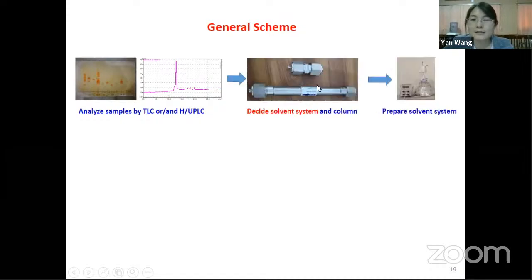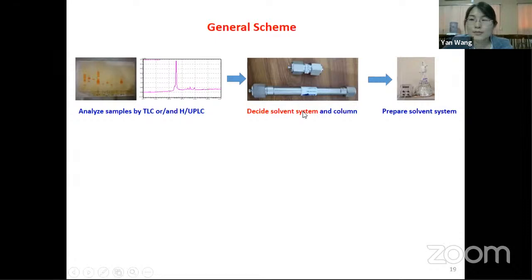Then we will decide whether to use normal phase or reverse phase. If we decide to use reverse phase, what's the percentage? Are we going to use a methanol water system or an acetonitrile water system? If we decide on a methanol water system, how many percent of methanol should we use? For all of this, we have to confirm before we conduct the experiment.